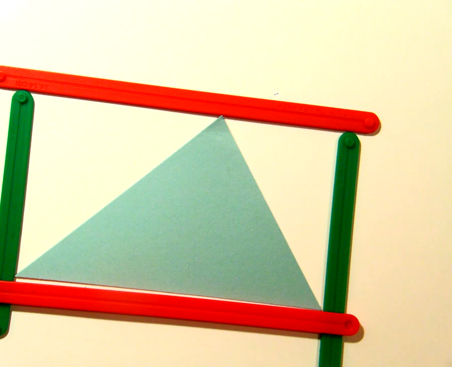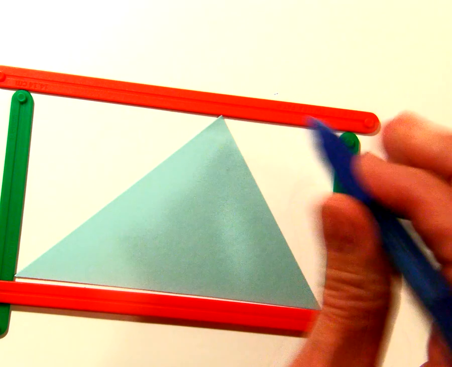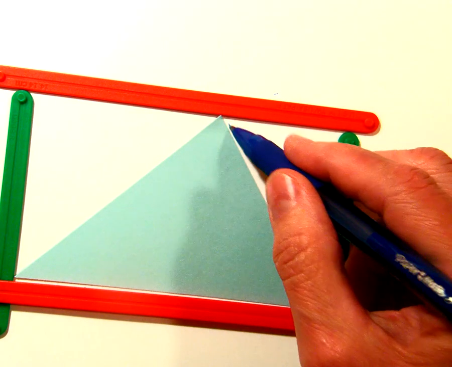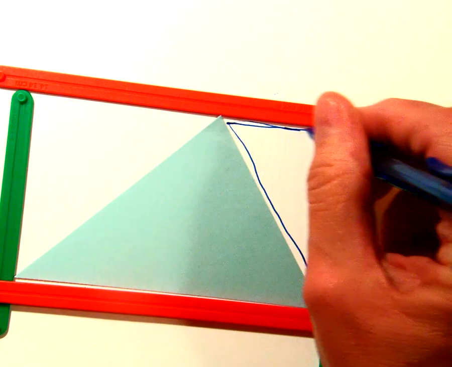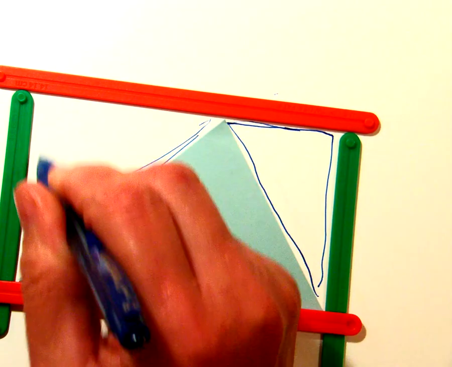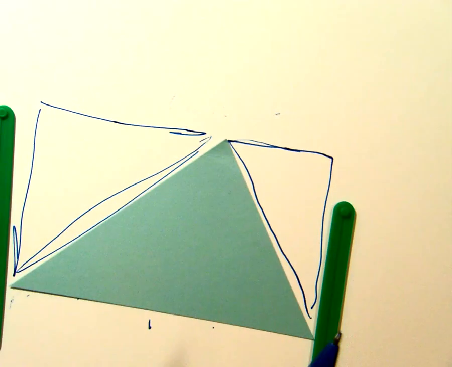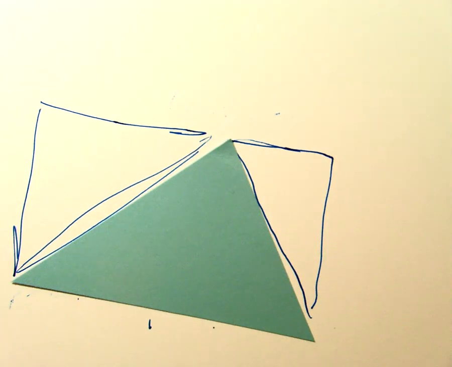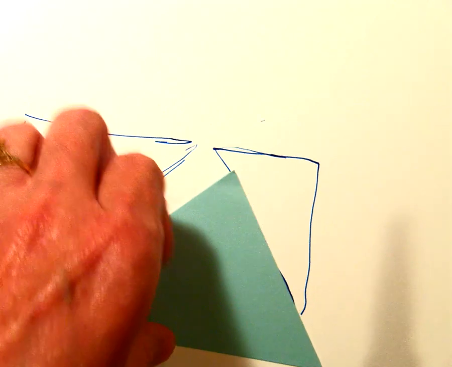Well, let me see. If you look right here, triangle and triangle. Okay, that made the rectangle, right? Yeah, but what am I going to do with those? I'm going to cut them out. So I'm going to take these two little pieces.